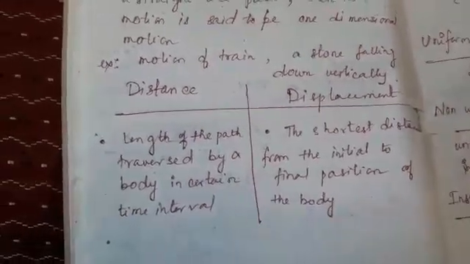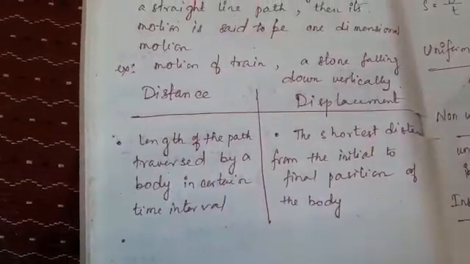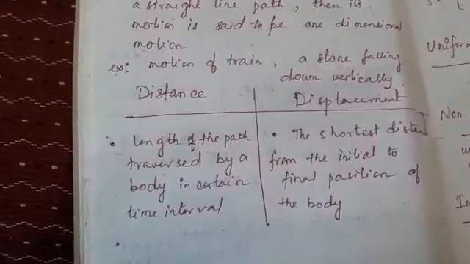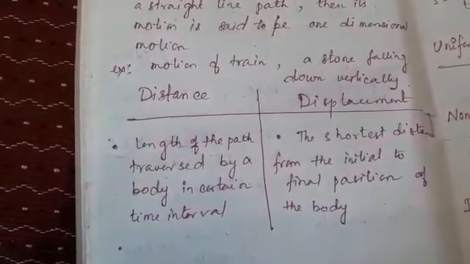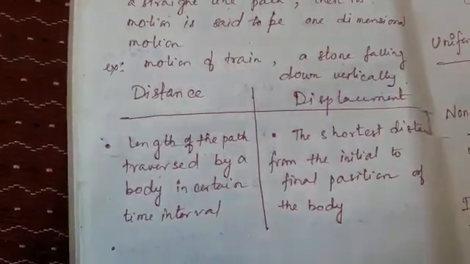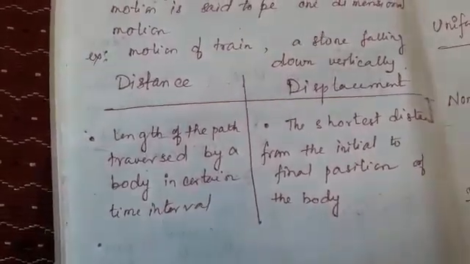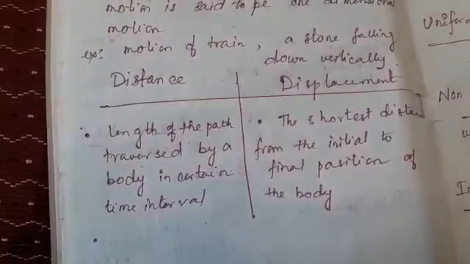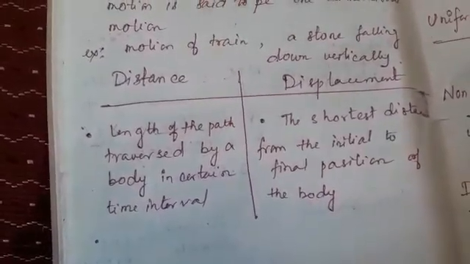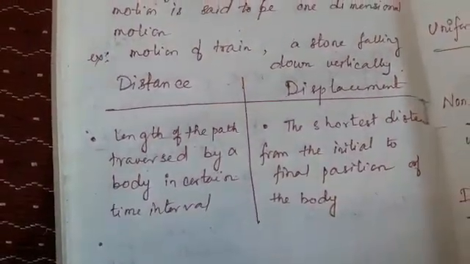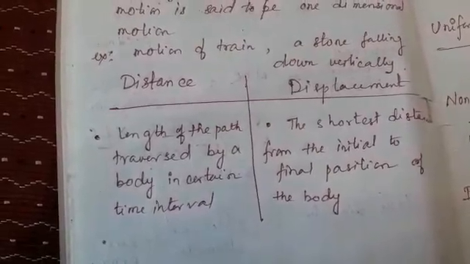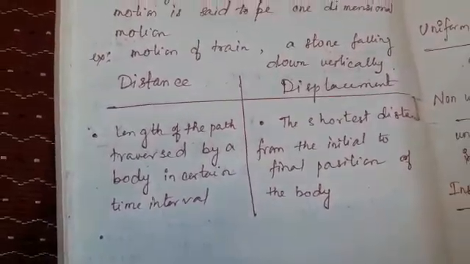So distance is a scalar quantity because it is the length of path traversed, whereas displacement is a vector quantity because it is the length traversed as well as it has a particular direction from one point, that is initial, to final. So since it is having both magnitude as well as direction, it is a vector quantity.